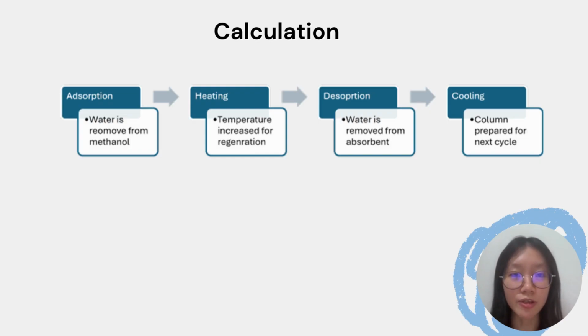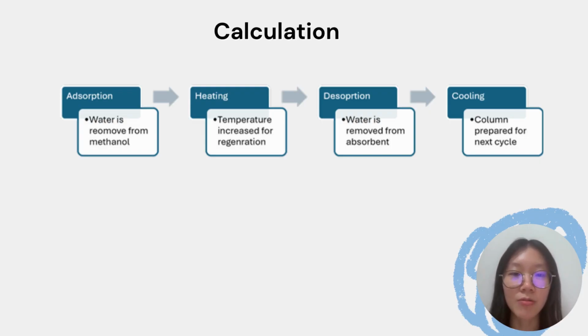During regeneration, the saturated bed is isolated and heated using hot purge gas to around 180 to 250 degrees Celsius. This increases the mobility of water molecules, allowing them to be desorbed and removed from the adsorbent. After regeneration, the bed is cooled before returning to adsorption operation.